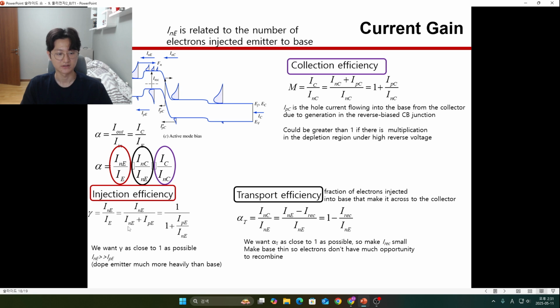This means we think of both electron and hole currents. So we want to make it better than before. We can dope the emitter much more heavily than the base.